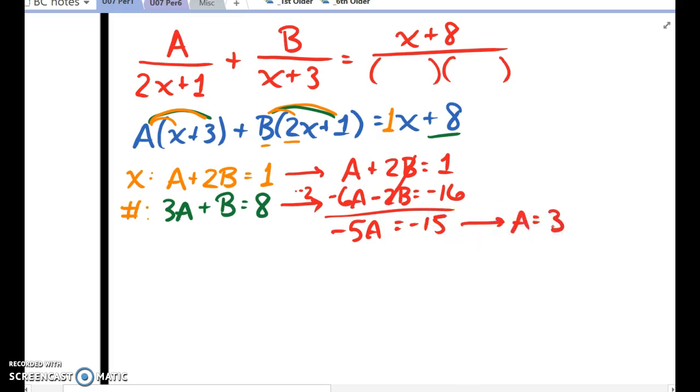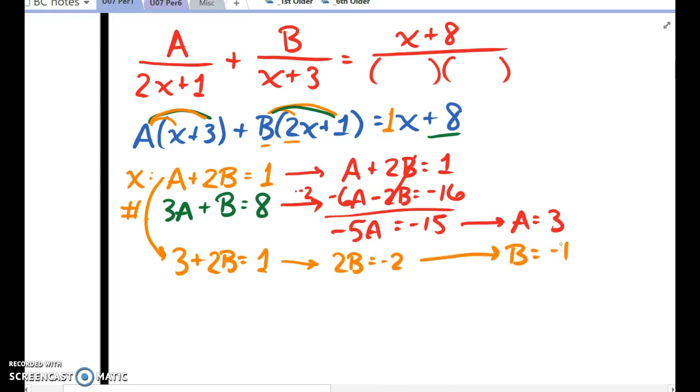A equals 3. And then you guys know how to solve systems, and if you don't, use the Heaviside method, I guess. But once I have the A, I can substitute it to find the other unknown. 3 plus 2B equals 1. 2B is -2. So B is -1.